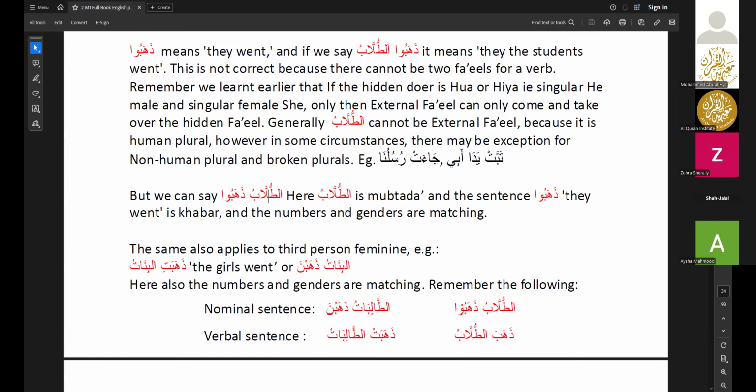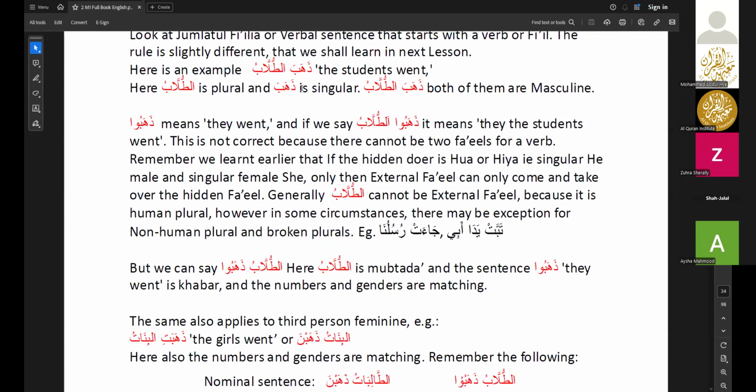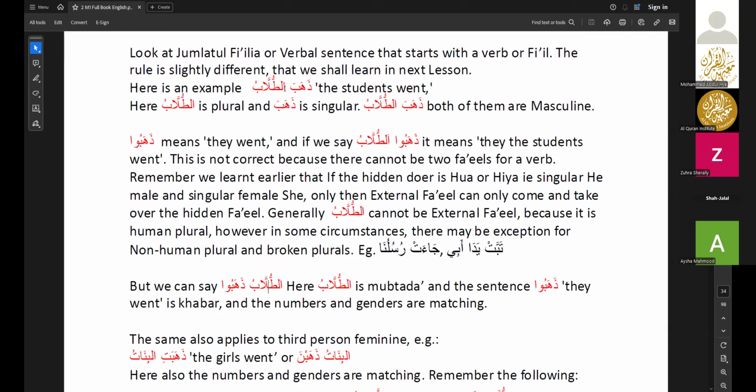But here we said dhahaba tullabu. Dhahaba is singular, at-tullabu is jam'u, because in Jumlatul Fa'iliyyah all we need is matching with gender. Number does not need to be matched. So this is the contrast: nominal sentence, verbal sentence.